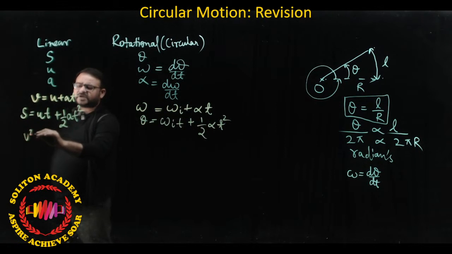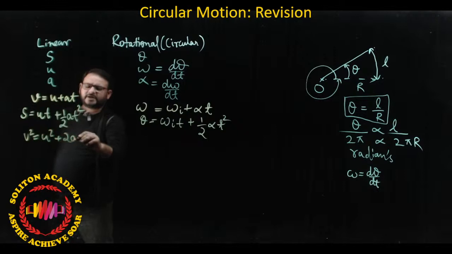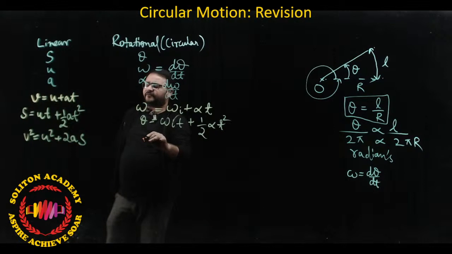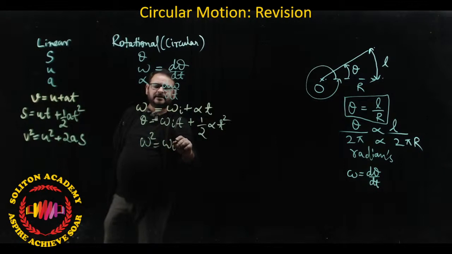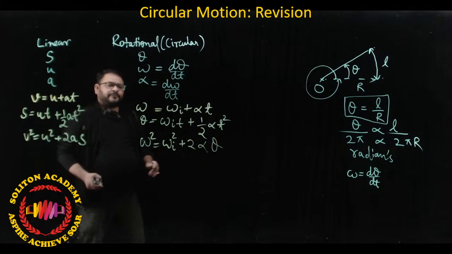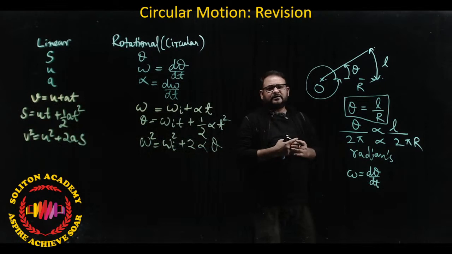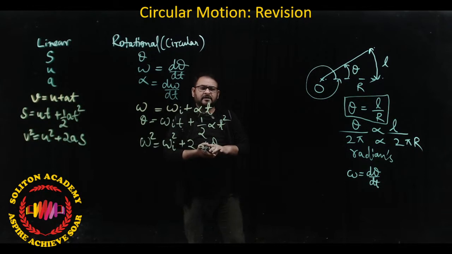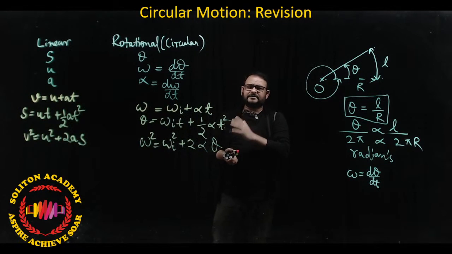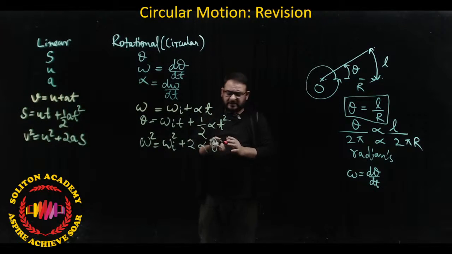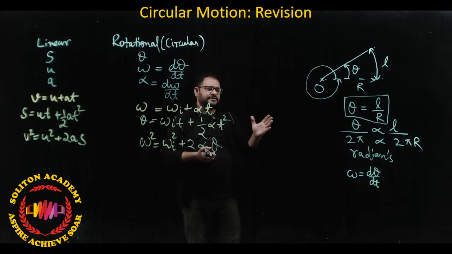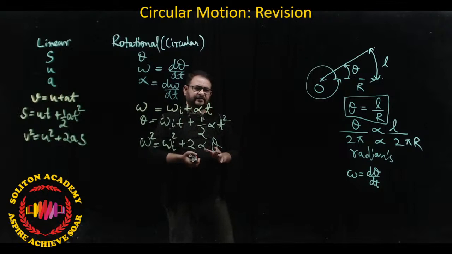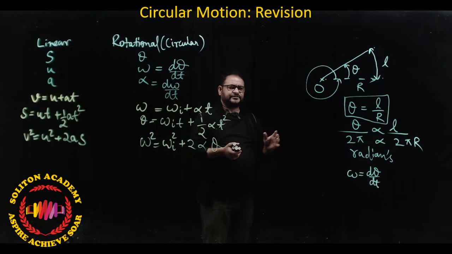Then we have v square is equal to u square plus 2as. Here we will have omega square is equal to omega initial square plus 2 alpha theta. Now this description is valid when you have uniformly accelerated circular motion.